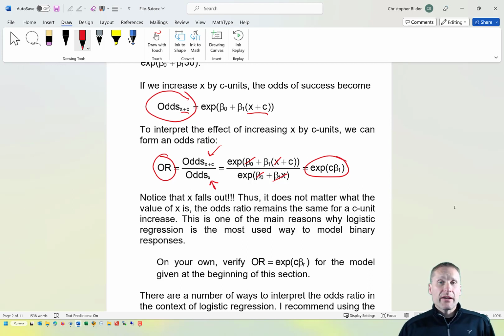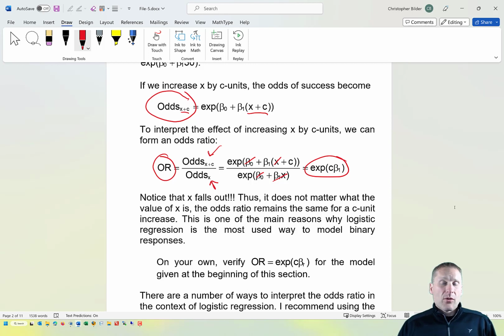This is a very, very important aspect of using odds ratios to interpret the effect that x has on the response variable. Meaning, going back to the place kicking data example, it doesn't matter if you're talking about a 30-yard place kick compared to a 40-yard place kick, or a 40-yard place kick compared to a 50, or a 55-yard place kick compared to a 65-yard place kick.